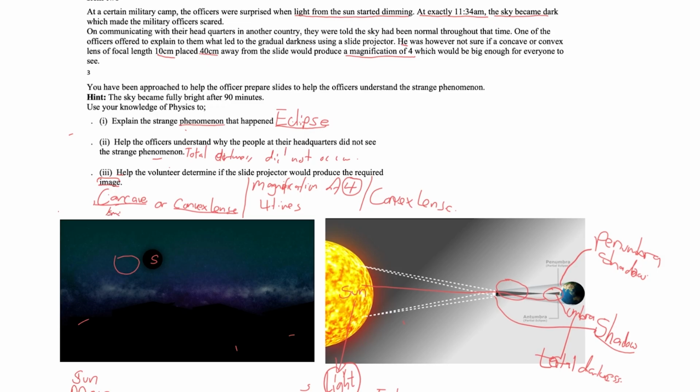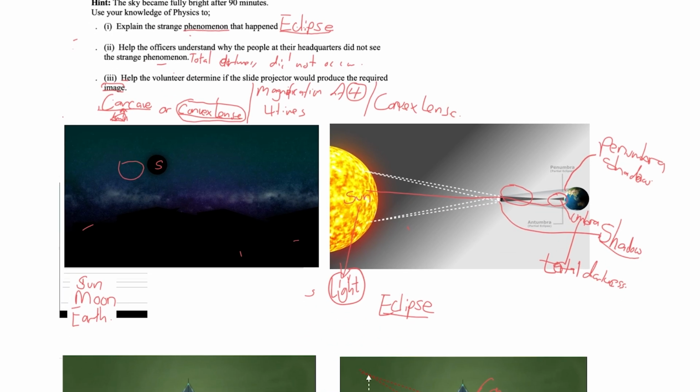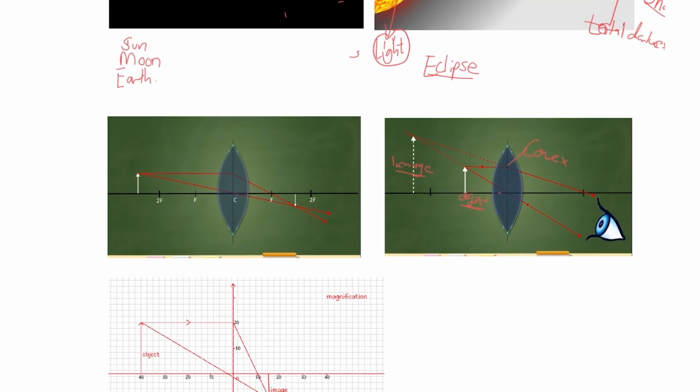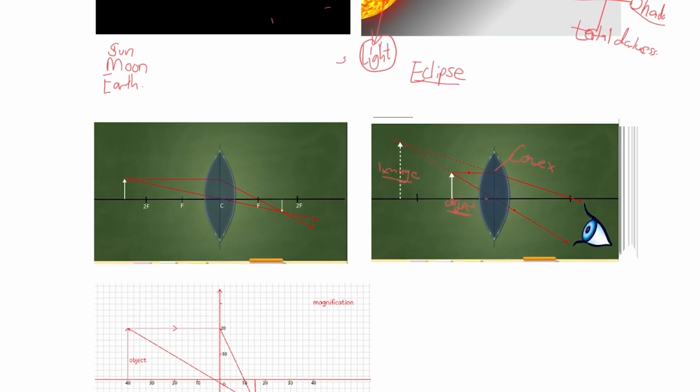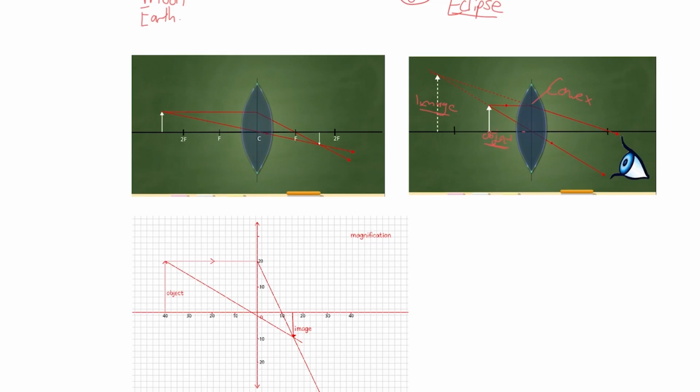At any point of the object, the concave lens makes it appear small, whereas a convex lens can make an object either appear magnified or diminished. Now, we want to see if the convex lens that we have chosen for a slide projector will produce the required image.